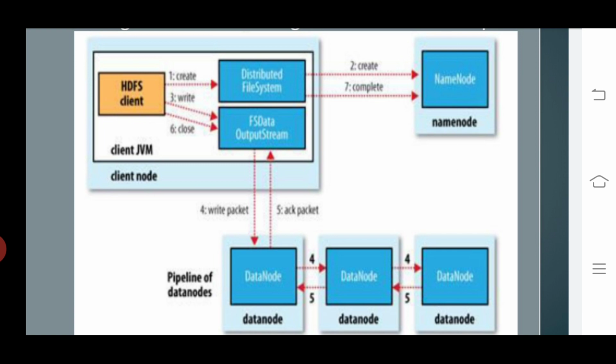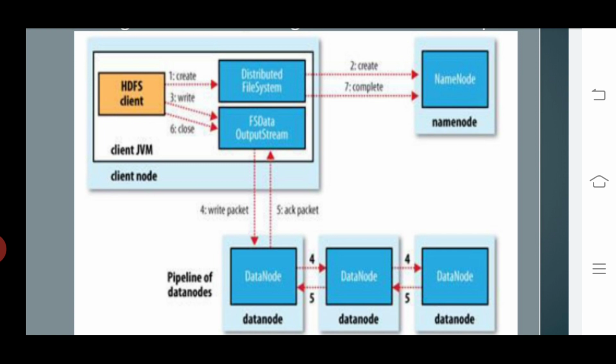And we can see about the step 6. We have to learn about the step 5 failure case. For example, if your data node fails while data is being written to it, then the following actions are taken, which are transparent to the client writing the data.